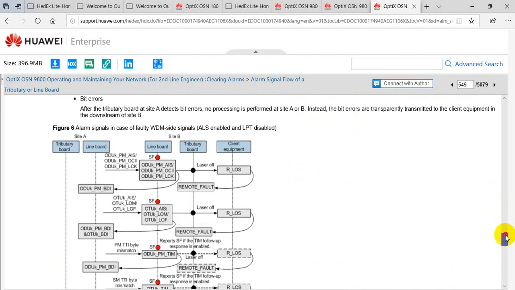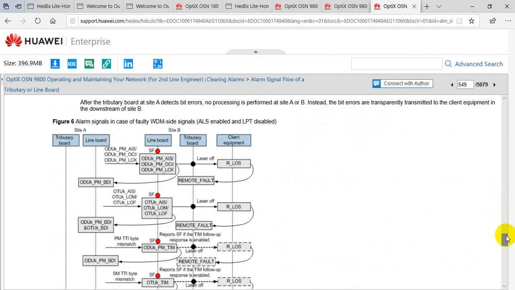In the last case, when ALS is enabled and the problem is between the line boards, meaning in the OTN network, then for signal failure type of alarms, the trigger back will be the same. The forward direction laser will be turned off, so an ALS enabled alarm will come.